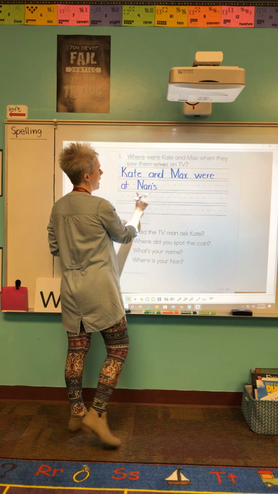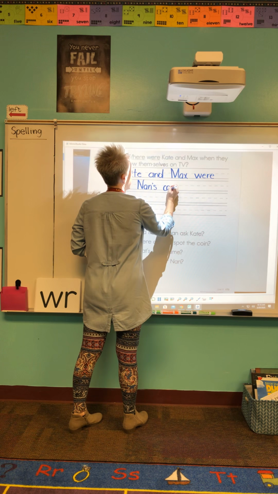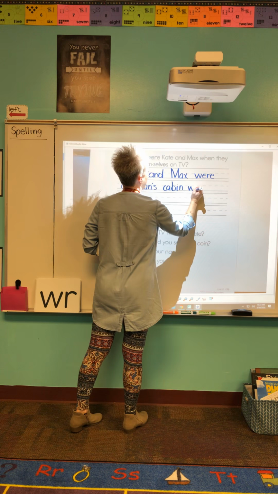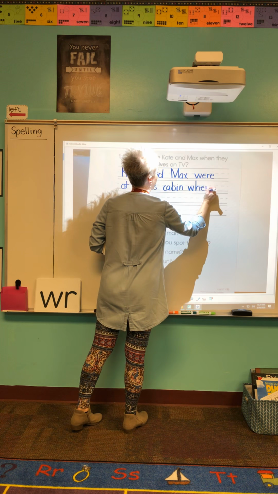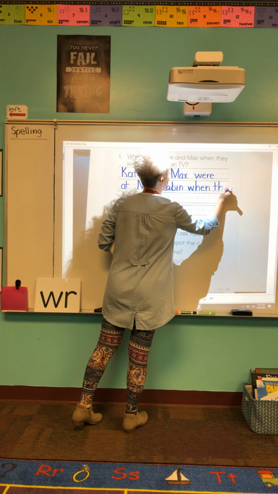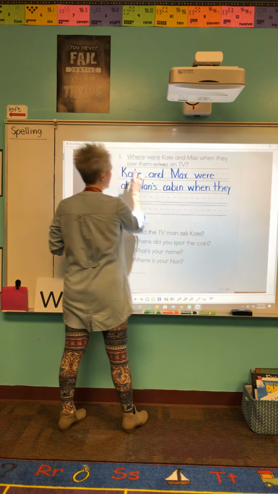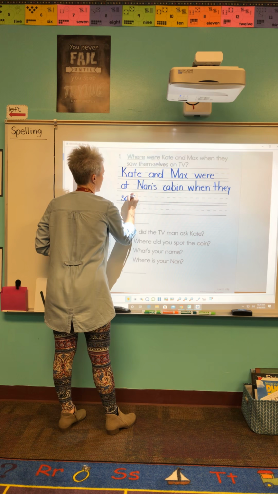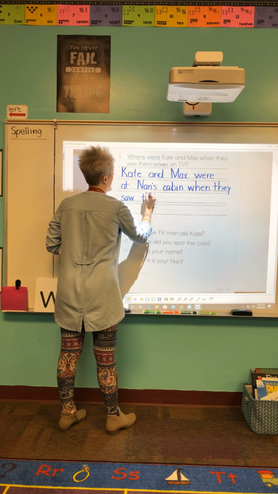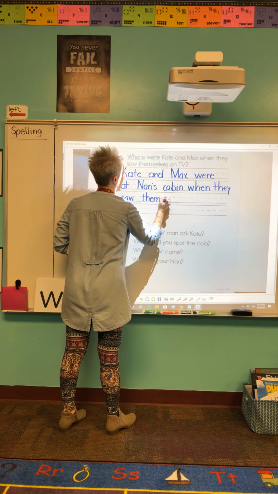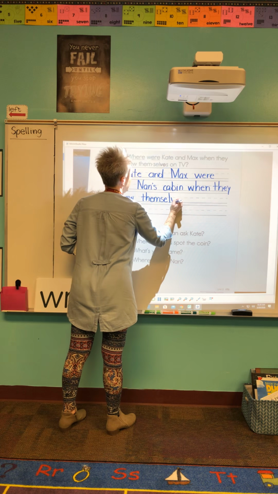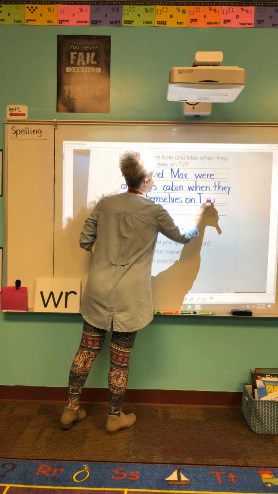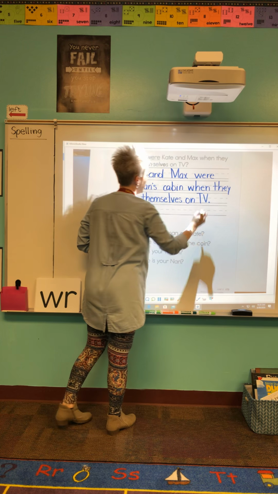Kate and Max were at Nan's cabin when they saw themselves on TV. Period.